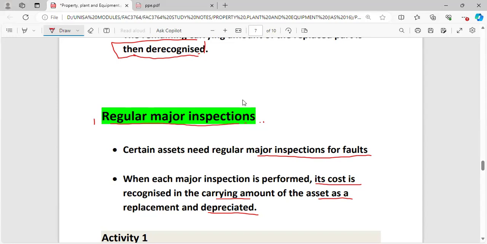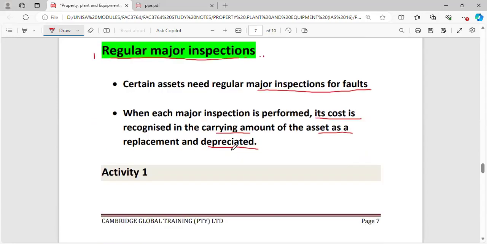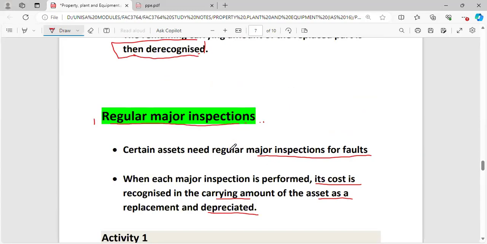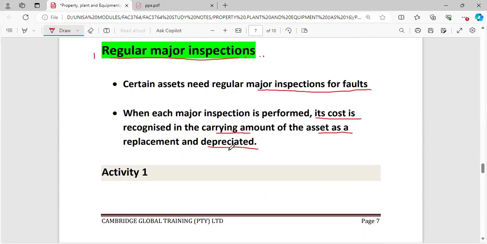So we cannot depreciate them as one amount, because the replacement and the asset have different lifespans. So that's the main reason why we need to separate them. But let's look at this activity. I think it's about these regular major inspections.